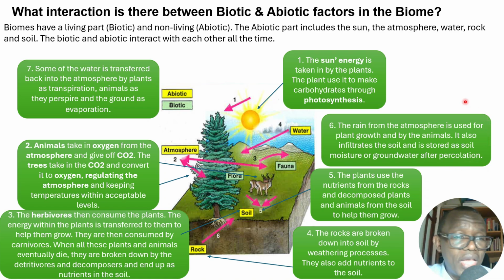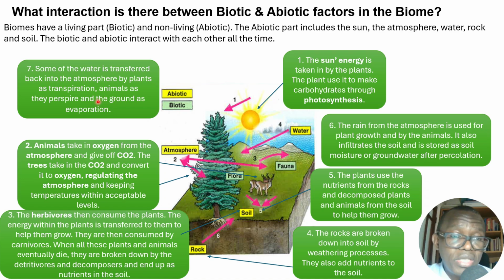Then the last one here that we'll be talking about is that some of the water is transferred back into the atmosphere by the plants as transpiration. And then animals as well will perspire, and the ground will also release water vapor through evaporation. Now, if we have a combination of water from the ground and from the plants, it's called evapotranspiration.